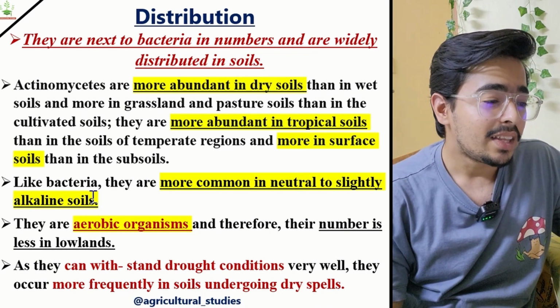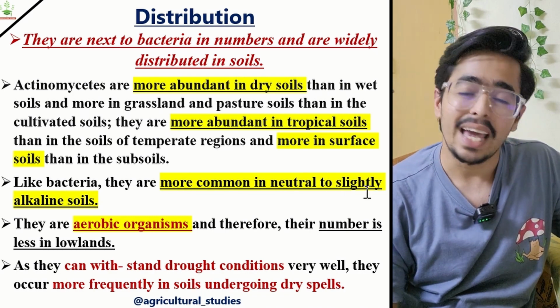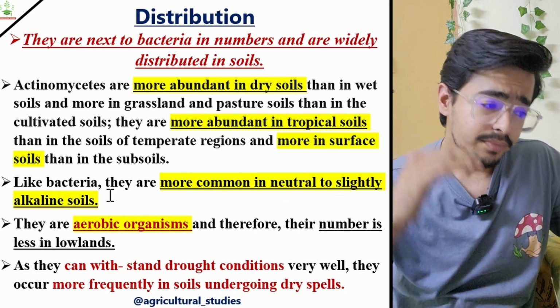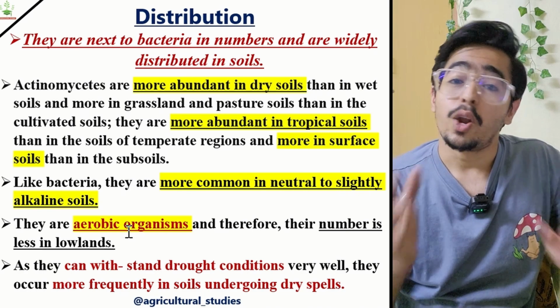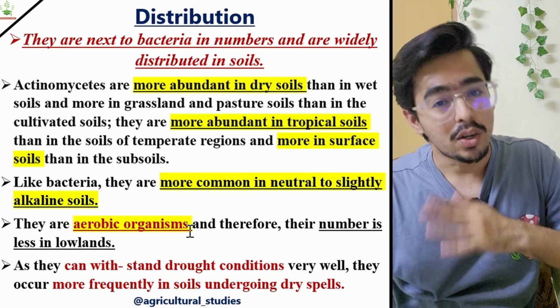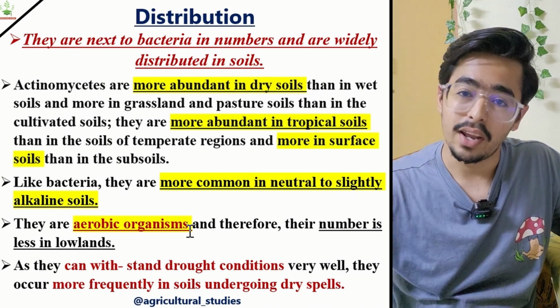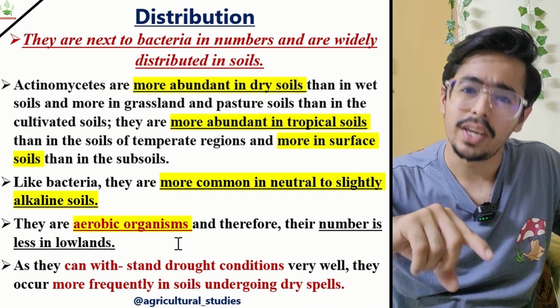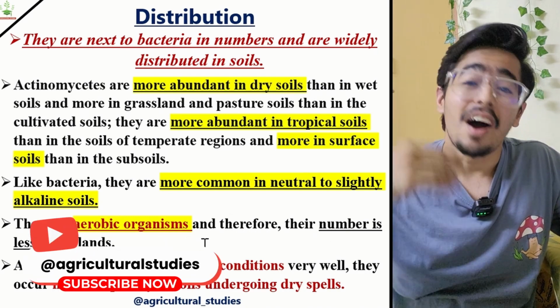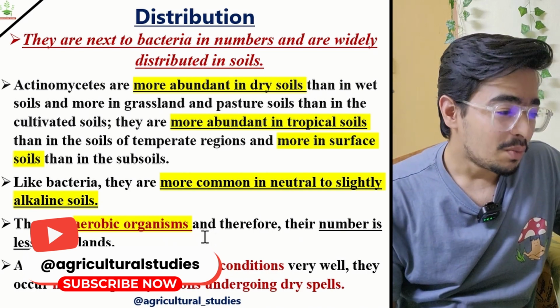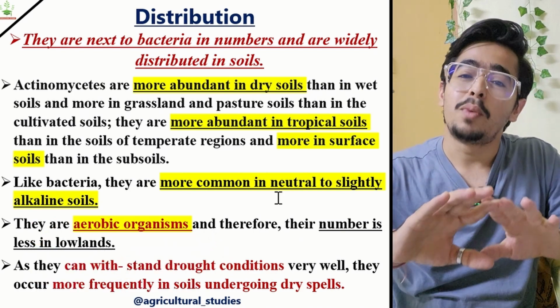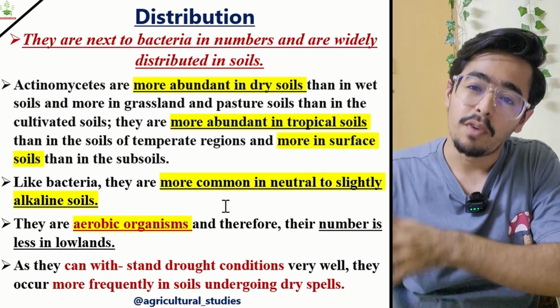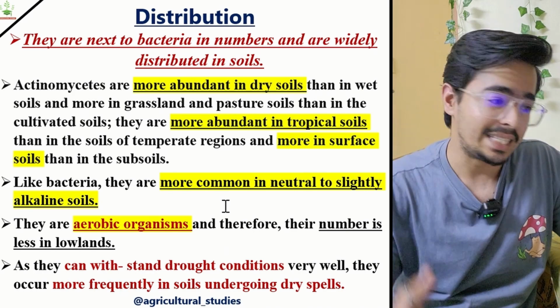Like bacteria, they are more common in the neutral to slightly alkaline soils, and they are aerobic organisms. That means they need oxygen for their life activities, and therefore their number is less in the lowlands, or we can say they are higher in the uplands.